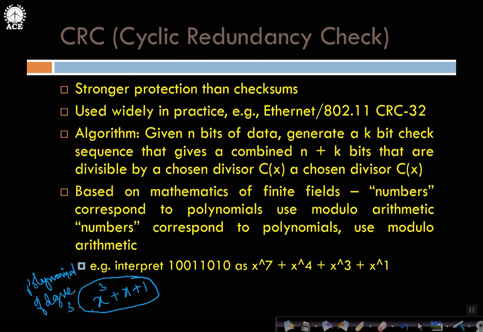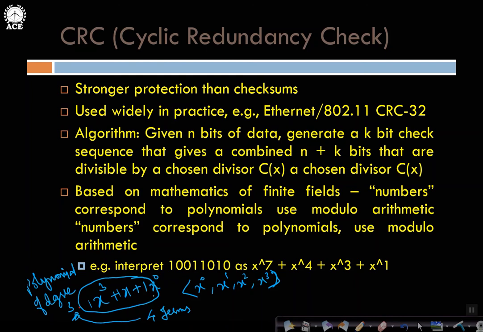What is the coefficient of this? 1. What is the coefficient of this? 1. What is the coefficient of this? 1. This last term can be written as x power 0. So how many terms does this polynomial have? x power 0, x power 1, x power 2, x power 3. So a polynomial having 4 terms, of degree 3.